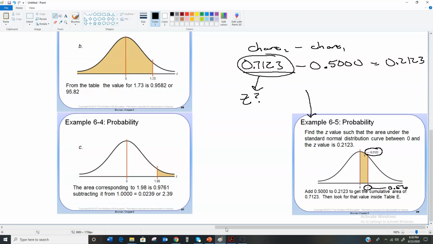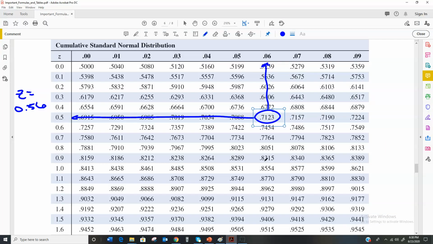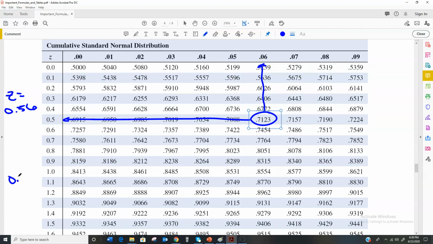If you're doing one and you don't land on an exact value, because you can see it doesn't have all the values in here. So let's say you were looking for a value of 9120. And you're looking here, 9120 falls between these two values.